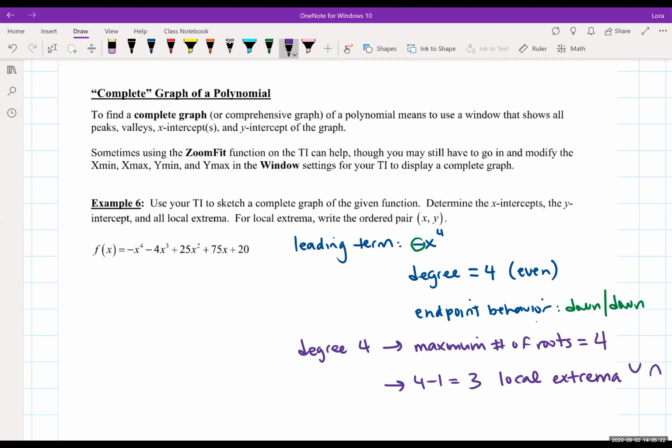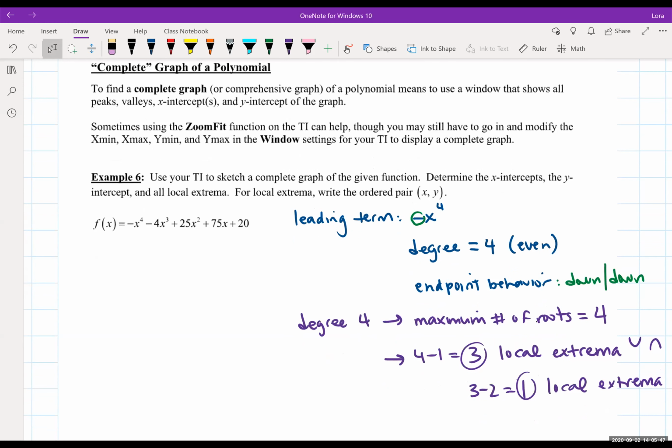Or it could be less than that by an even multiple of 2. So if I subtract off 2 from 3, 3 minus 2, that's equal to 1. So we have 2 possibilities, 3 or 1 local extrema. We don't really know yet whether they're going to be maxes or mins, but at least we know there's at least 1 that we can look for in our window.